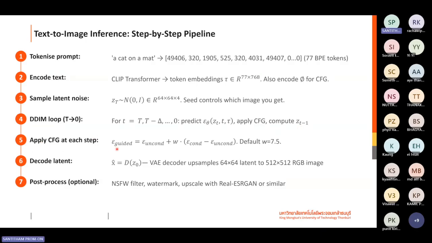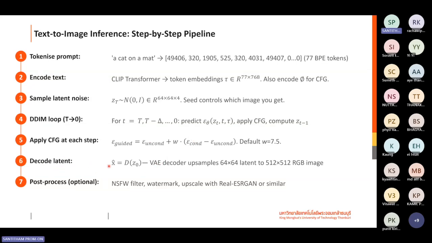You have the guided error from the unconditional and the conditional predictions. This is like an interpolation from the predicted unconditional noise to the conditional one.